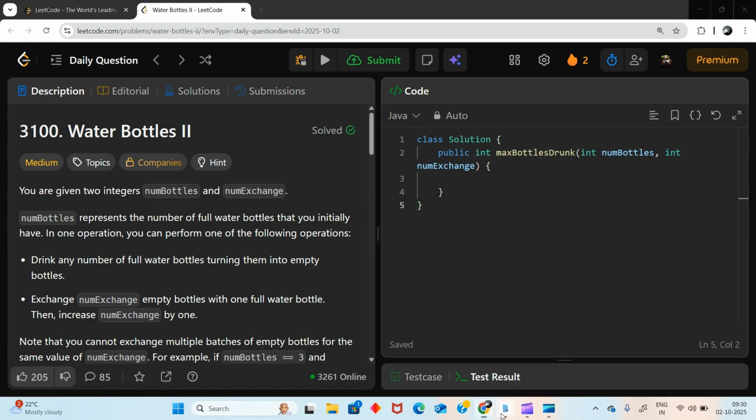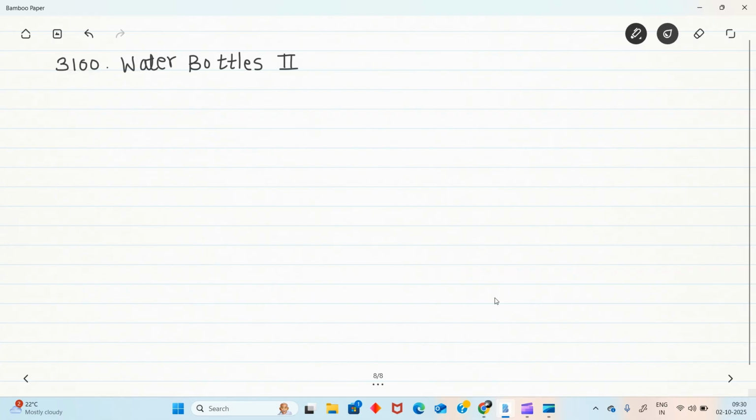So let's start. We are given the number of bottles and the number of exchange. I will consider the number of bottles as n and the number of exchange as m.